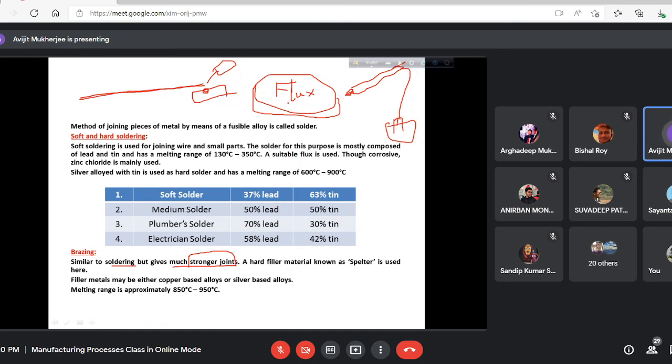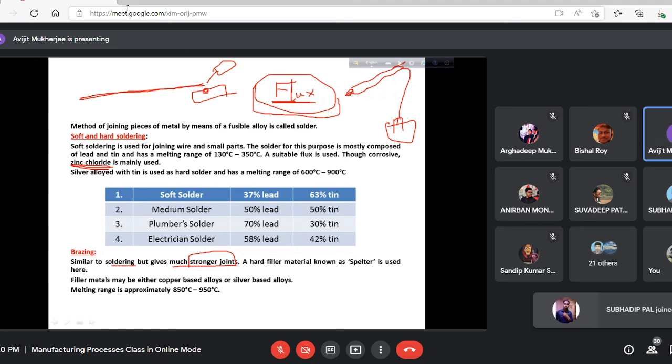Also a flux is used here in soldering, which is basically zinc chloride. The can or tin contains a flux material which is nothing but zinc chloride. But zinc chloride is corrosive. Still, it is used.